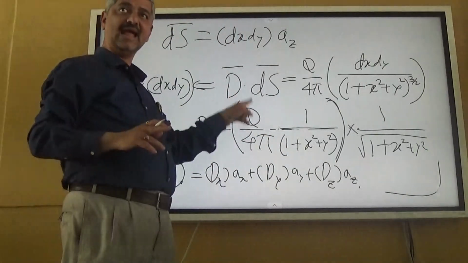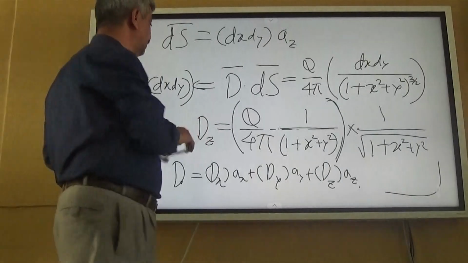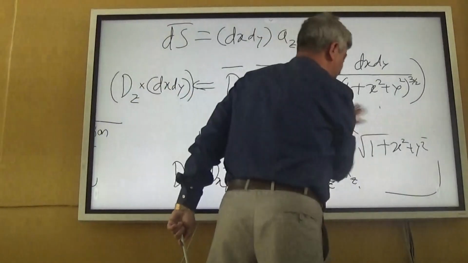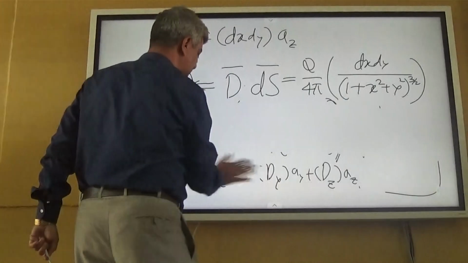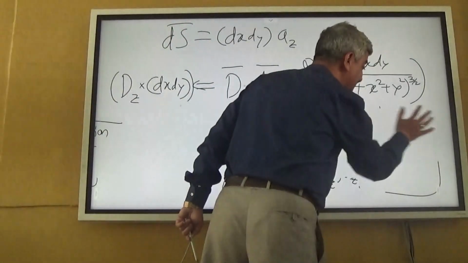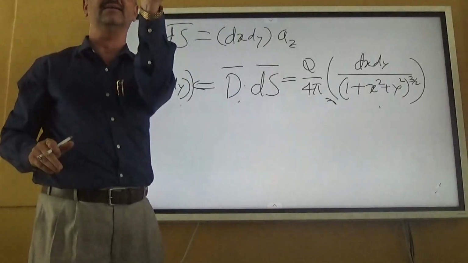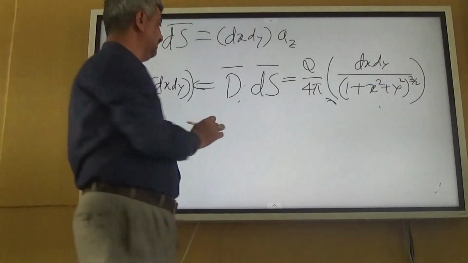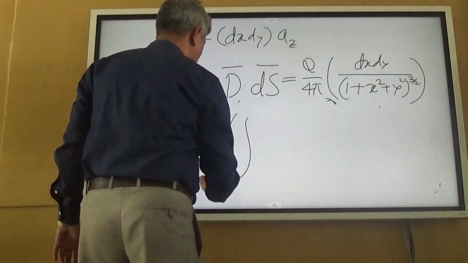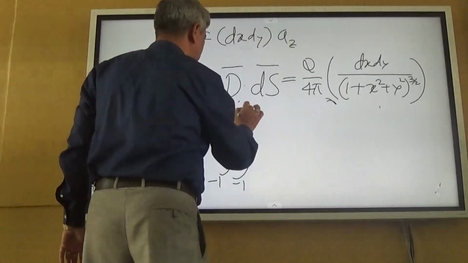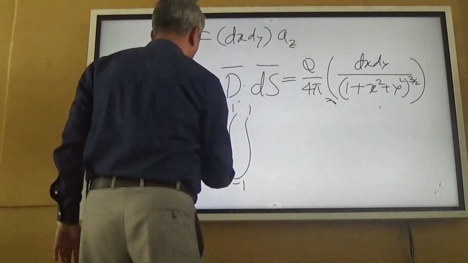Is it okay? And then what would be the total net outgoing flux through the surface? This is the outgoing flux through a small area dx dy. For the whole surface, it would be a double integration from -1 to 1 of q upon 4 pi.